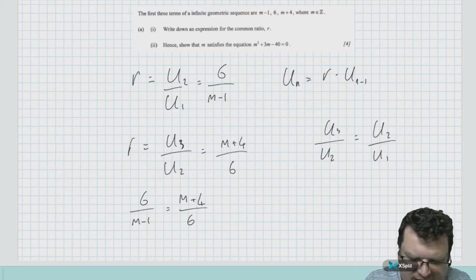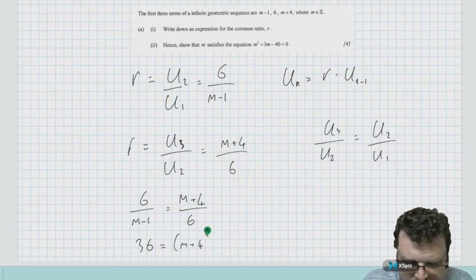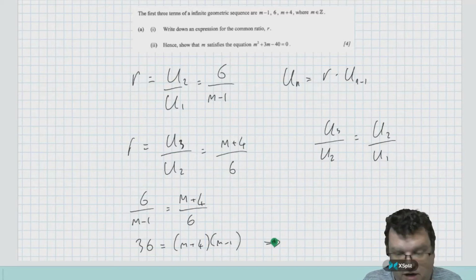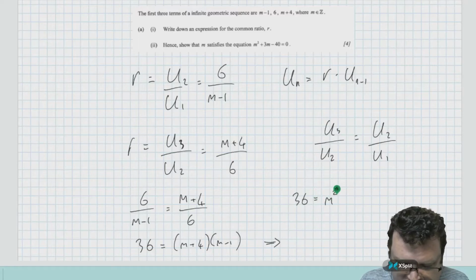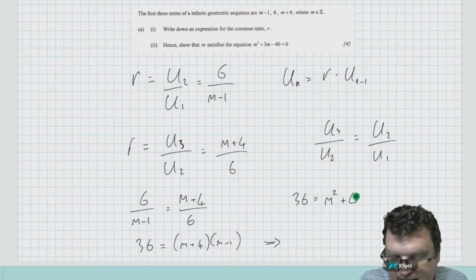But anyway, we can now rearrange here to say that 36 is equal to m plus 4 times m minus 1. And then we can simply expand the right hand side to come up with 36 is equal to m squared plus 4m minus m minus 4.